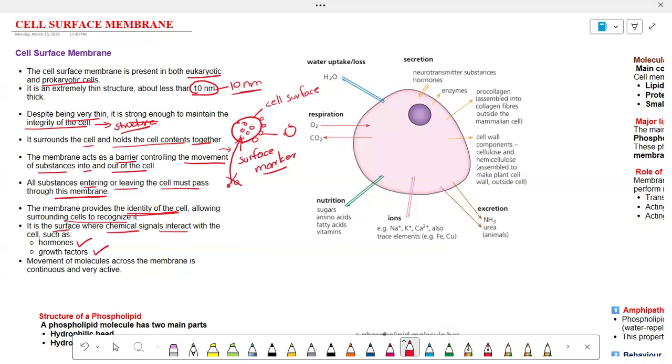And it will create cell communication. We will discuss cell communication in upcoming videos in detail. The movement of molecules across the membrane is continuous and very active. The cell surface membrane is not static, it is dynamic.